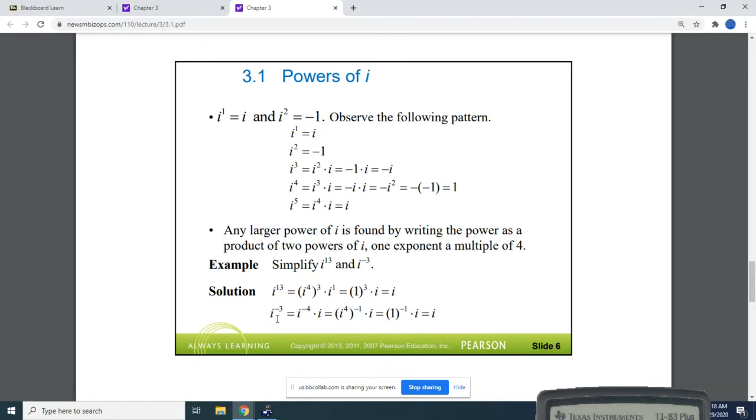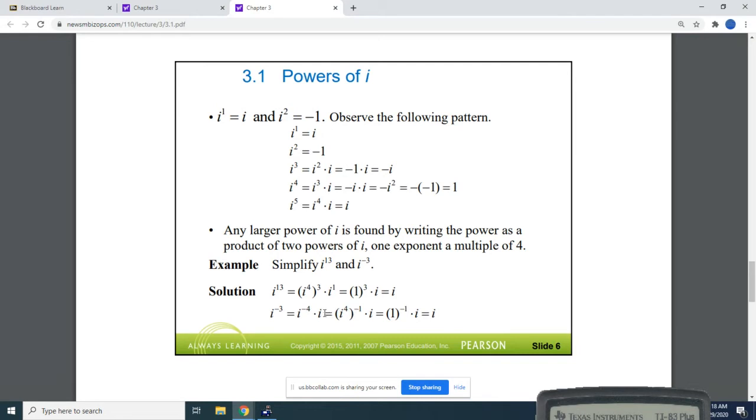And then this last one, i to the negative third power. Notice that it's written as i to the negative fourth power times i. So here again, when you multiply like bases, you add your exponents. So -4 plus this understood 1 gives us -3. For the next step, they took i to the -4 power and wrote it as i to the 4 times -1, right?